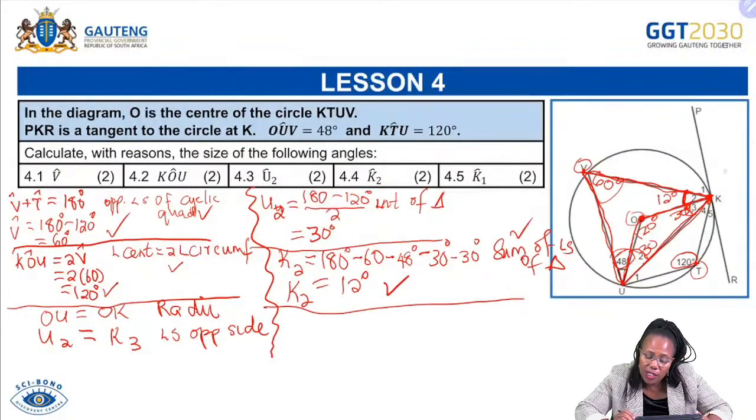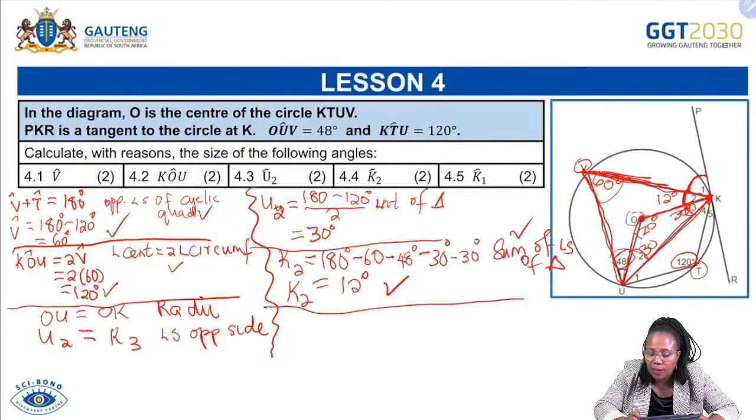And then we need K1. K1 is this angle here. And then it's between a tangent and a chord. So we move to this chord here. And then from the vertex of that chord, we move to the angle. That means this concludes that K1 is equal to angle 48 degrees plus the U2, which is 30 degrees.